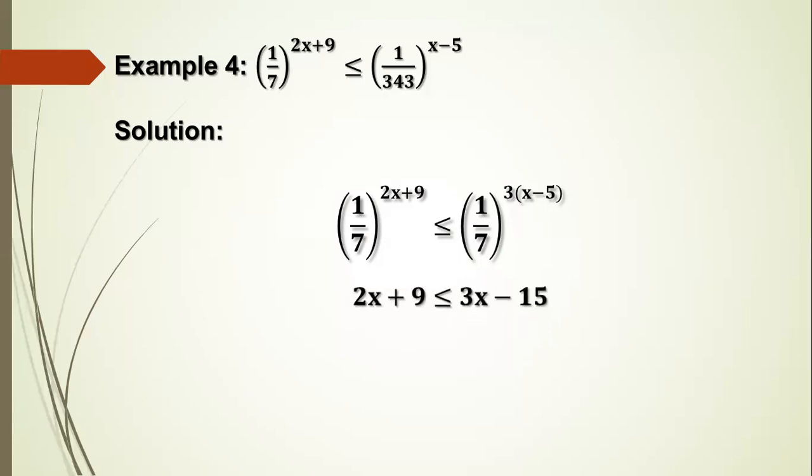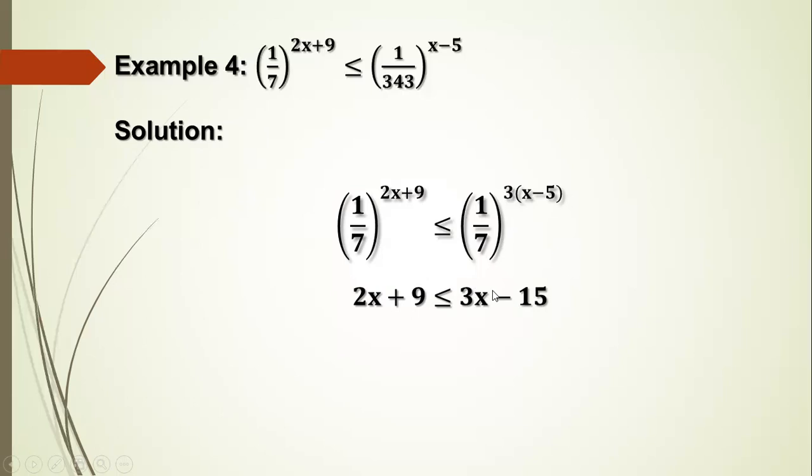By applying the one-to-one property of exponential function, since the bases are the same, we can eliminate them and copy the exponents. But do not forget to simplify the exponent on the right side of the inequality. So 3 times x is 3x, and 3 times negative 5 is negative 15.